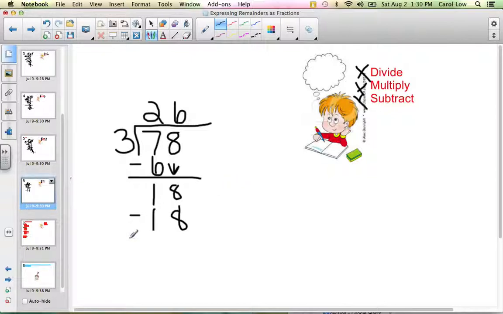So here I'm subtracting, and I get 0. Well, there aren't any more numbers to bring down, and it really would be silly to put 0 over 3. You could, but if you have 0 pieces of 3, you really have 0. So your answer is just 26, and you can just leave it at that.